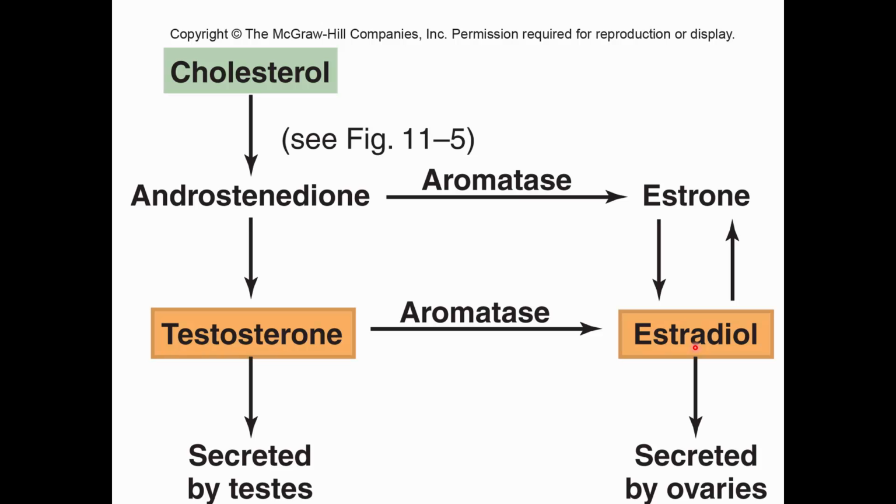So the point of me showing you this is not for you to memorize a bunch of biochemical pathways. I want you to see the idea that if a man took some excess testosterone, that some of that testosterone would be converted into estrogen. And if he was perhaps taking anabolic steroids to bulk up his muscles, that's not something that I would advocate that people do, but you've read about it in the news.